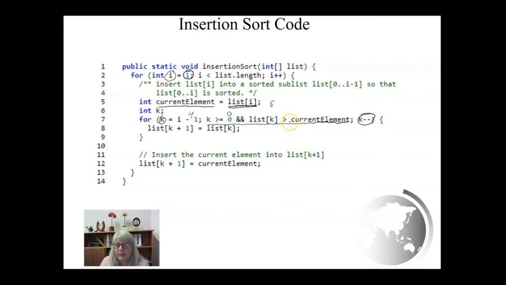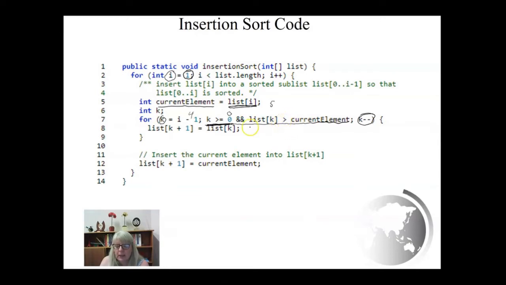In a while loop, we are reminded of it constantly. So can you see that this is what we have done? If the current element is the smallest, K larger than 0 will stop us. Otherwise, it will be list K larger than the current element. The moment you find one that's no longer larger, this loop will stop.